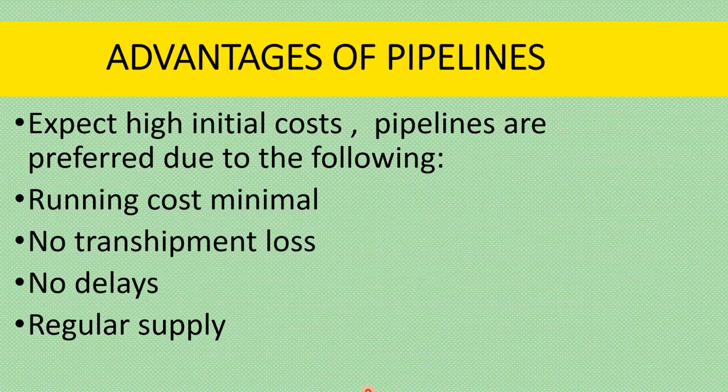Let's see the advantages of pipelines. Except for the high initial cost, pipelines are preferred for the following reasons: the running cost is minimal, no transshipment loss, no delays, and regular supply.